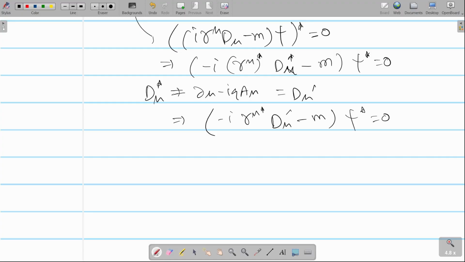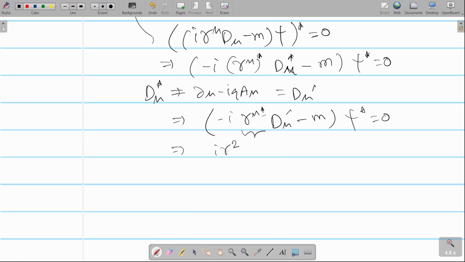We're really close to the final equation, but notice one thing: the final equation should contain only gamma mu, right? There should be no star in the final equation. So what we have to do is we have to multiply this thing with i gamma 2.